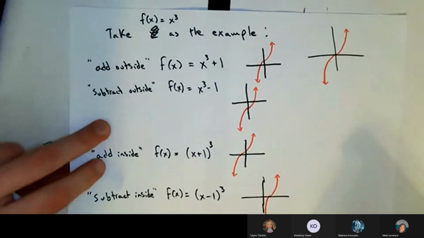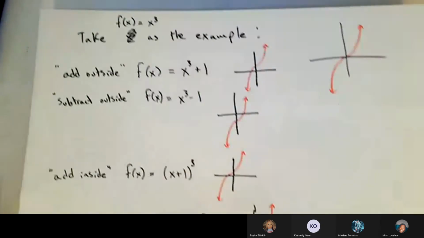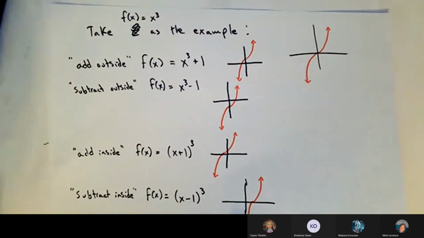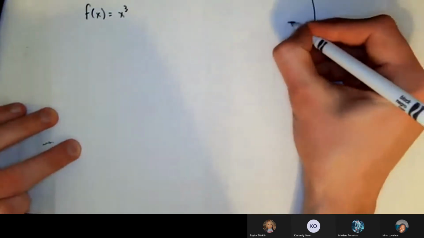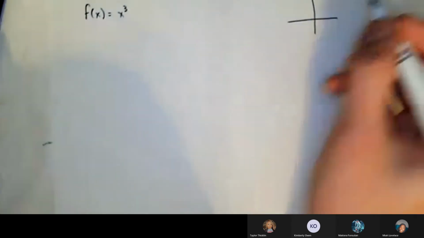Then we had, well, yeah, still taking x cubed as the example here, the base graph. So f of x is still equal to x cubed, which is the base graph, which I'll sketch over here again, that base graph.